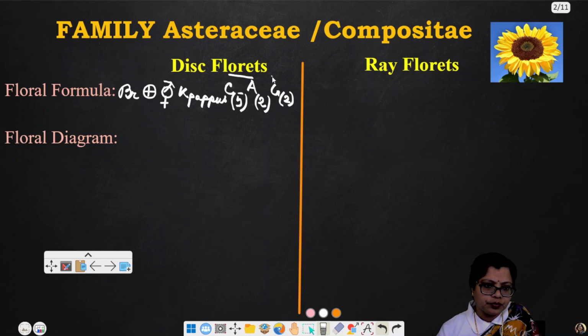So we have to put a line above the G, right?